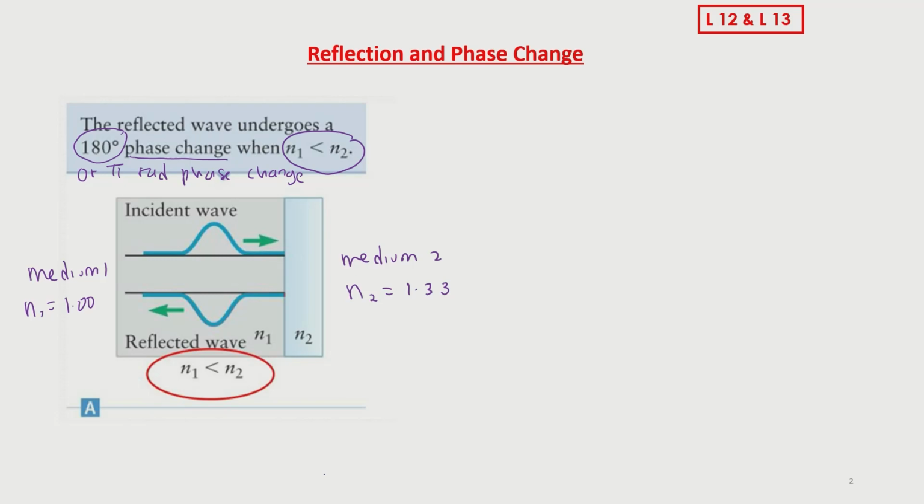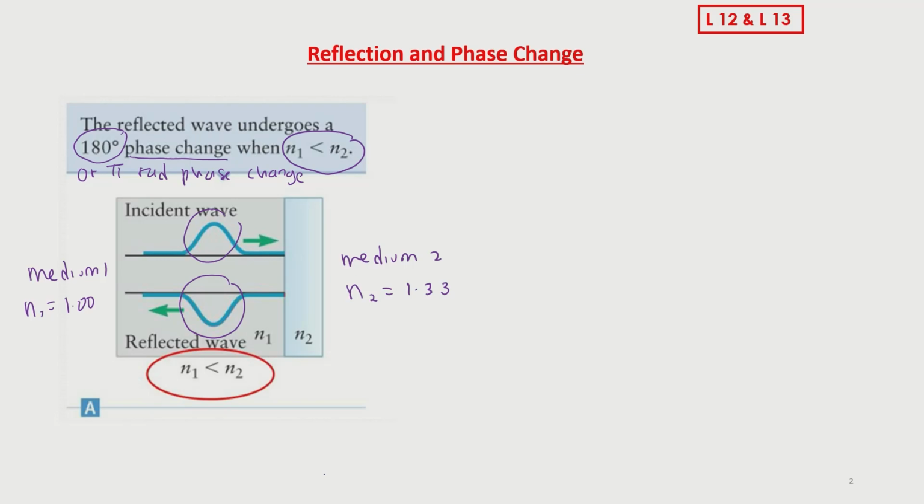As you can see, the incident wave is a positive wave and the reflected wave is a negative wave, or the incident wave is a crest and the reflected wave is a trough. So what can you say about this situation? There is a 180-degree phase change, as you can see here.